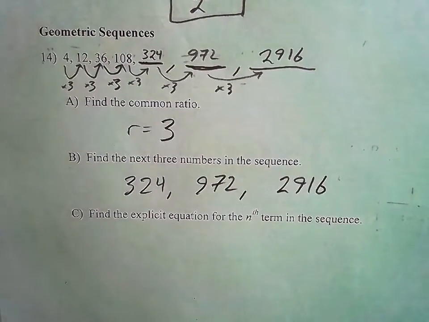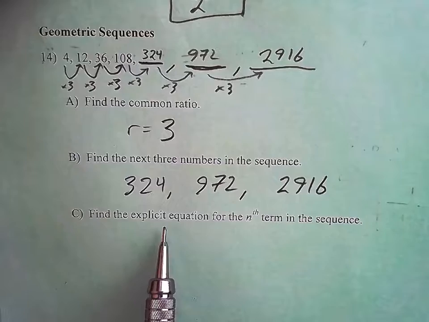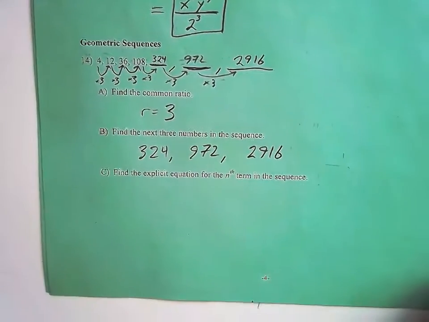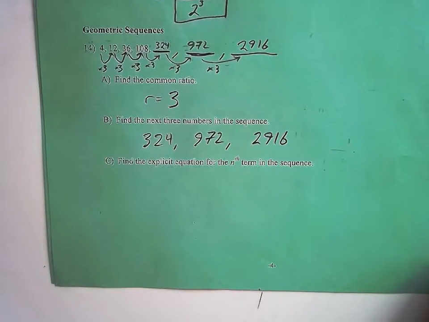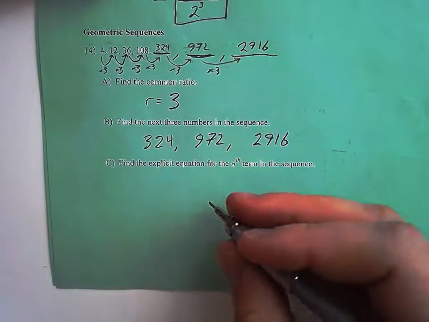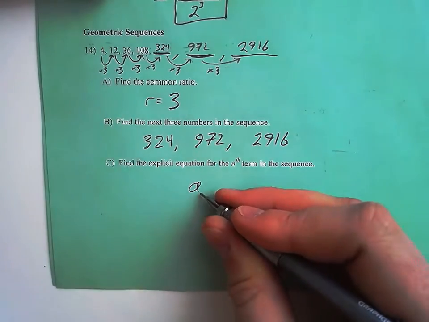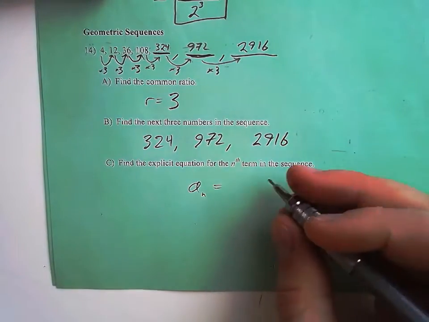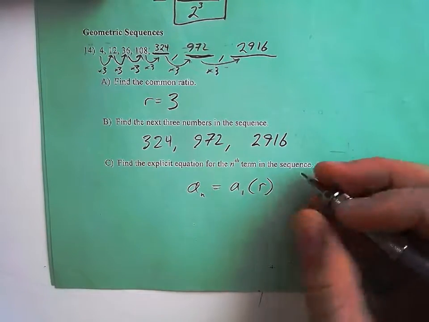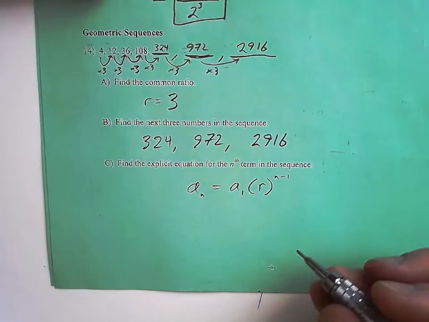Okay, explicit equation. That's where notes come in handy, because I let you make notes in advance for this test, so you only have to blame yourself. The equation for the nth term is the first term times the ratio to the power of n minus 1.